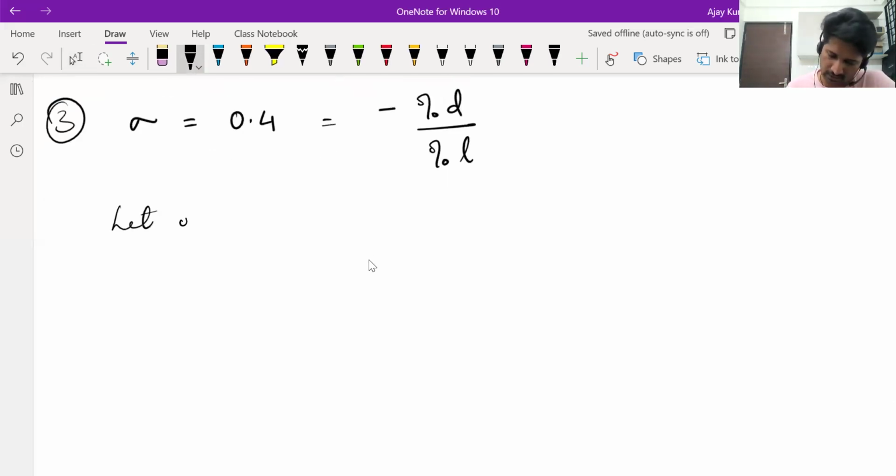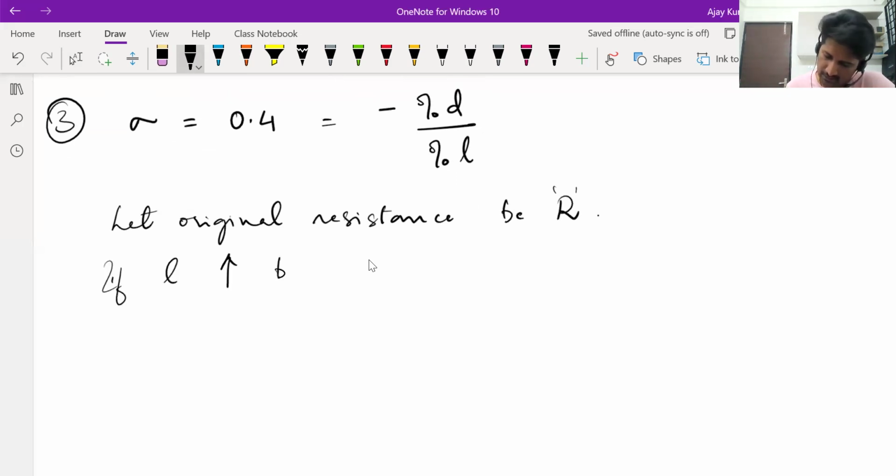Let original resistance be R, if length increases by let's say 2%, small increase. Calculate the change in resistance.